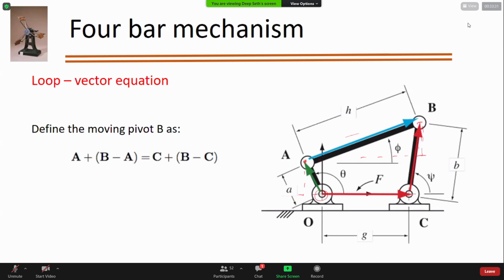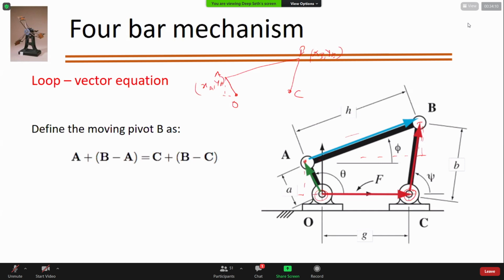Now from the C side, you will see C. Let me just draw it. Here you have your O, this is your A, this is your B, and this is your C. For A you will have some coordinate XA and YA, and for B you will have some coordinate XB and YB.